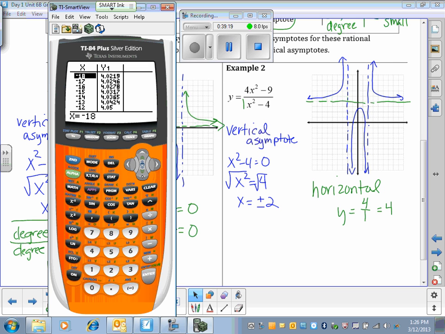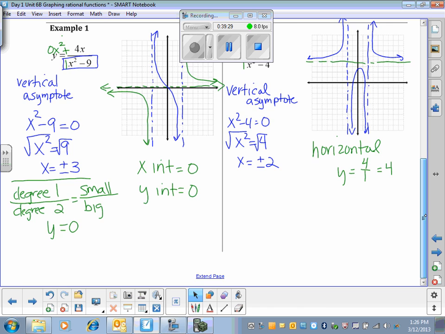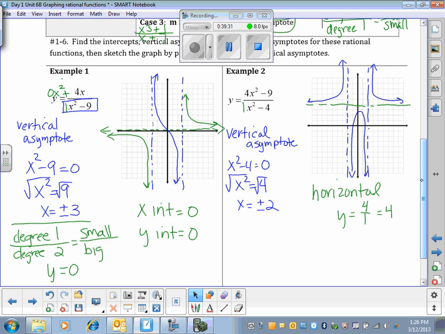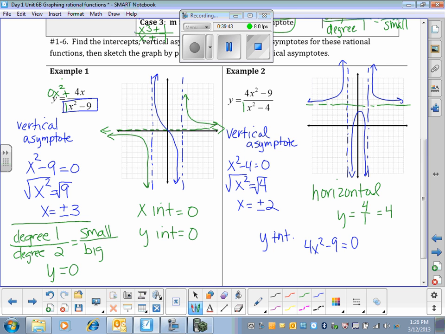So now we'd have to calculate that. It's just going to be a really icky number. Okay, how would you calculate that to find the x-intercept? You do it by setting the top, 4x squared minus 9, equal to 0 and then solving for x.